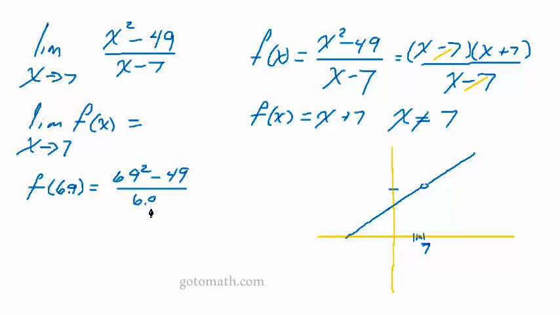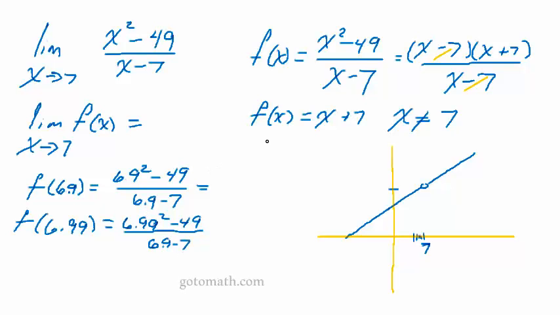Right, so 6.9 minus 7. Of course, I'll let you get the calculator out and take a look at whatever that number is. And then we want to do, let's say 6.99. Right, 6.99 squared minus 49 over 6.99 minus 7. And then take a look at that.